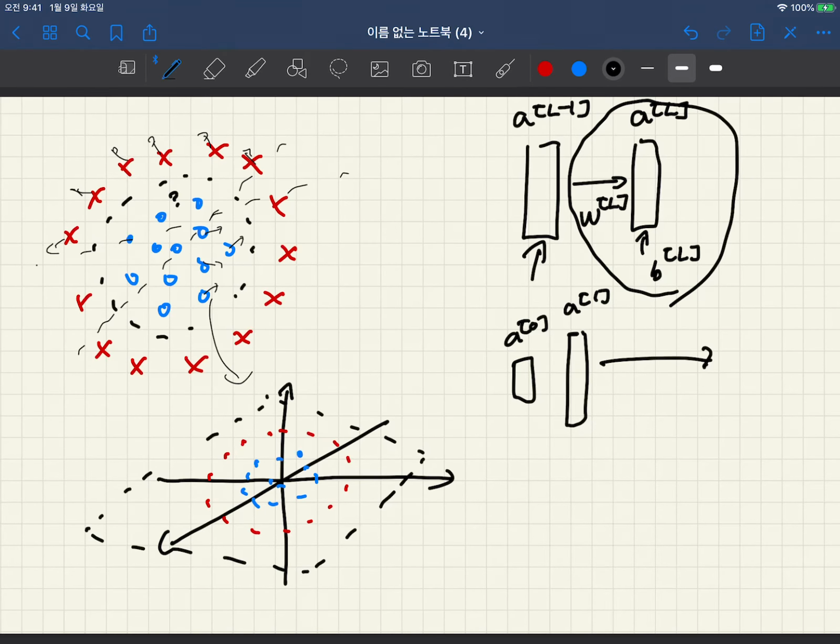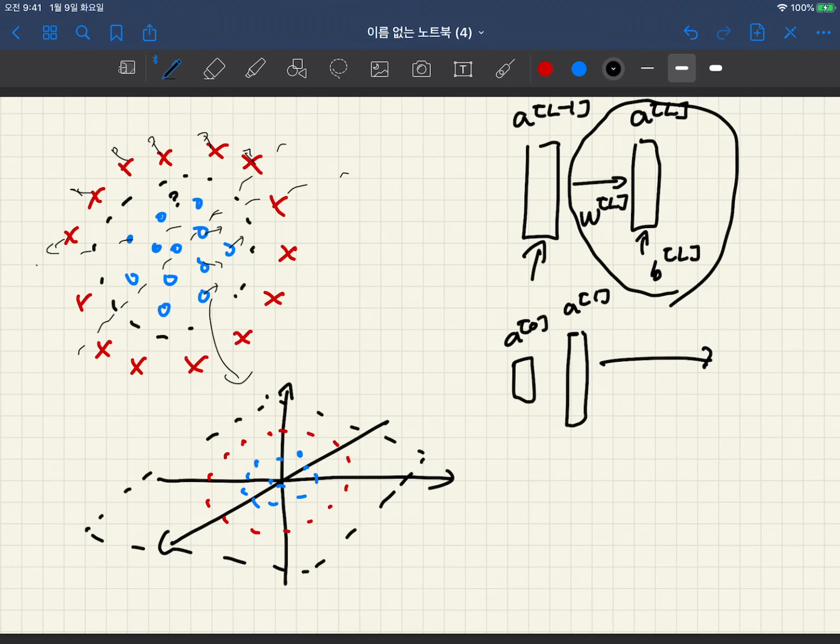Then essentially you have one more degree of freedom to control your data point. To do linear transform, you have one more degree of freedom.